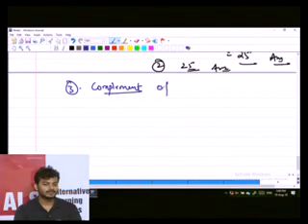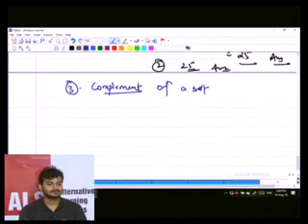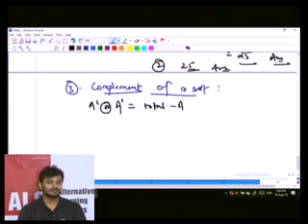Complement of a set, as you know already, A complement or A bar, would be total minus A. Always remember total minus A.